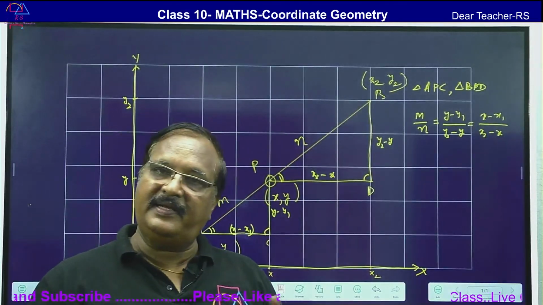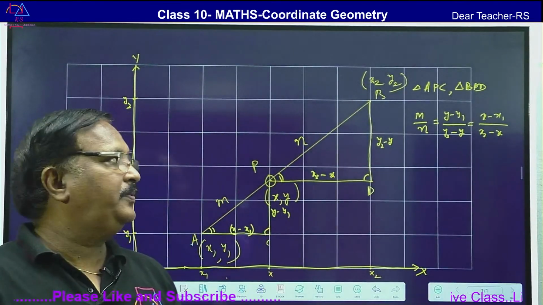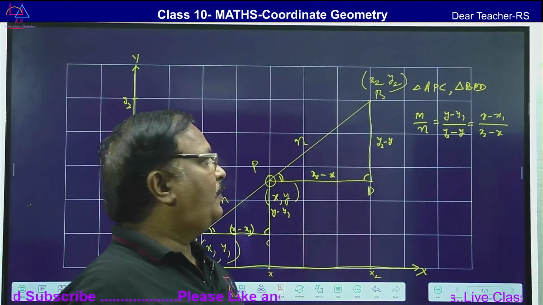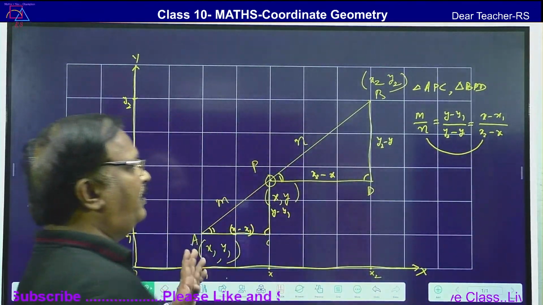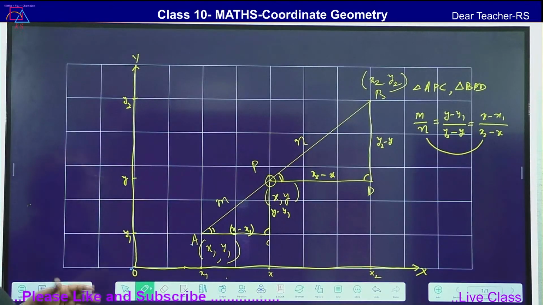So our target is to find the x value and also the y value. If you take these two and solve, you will get the x value.